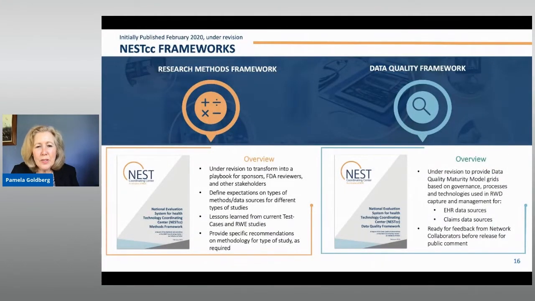And so NEST has already published two main frameworks, our data quality framework and our research methods framework. We want to make sure that the data we're using is high quality and the methods of collecting data are accurate and usable for the users of that data.